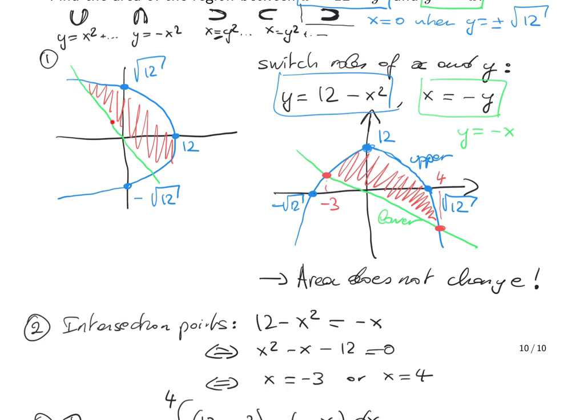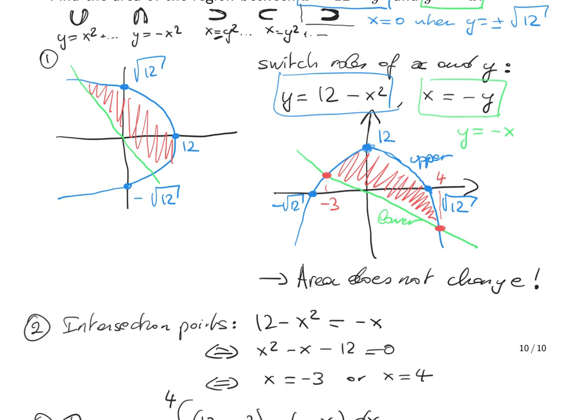And then you're basically observing this kind of figure again. Then you don't have to explicitly switch the roles of x and y, but you're going to integrate with respect to y. Those two approaches are exactly the same, and they will give you the same answer.